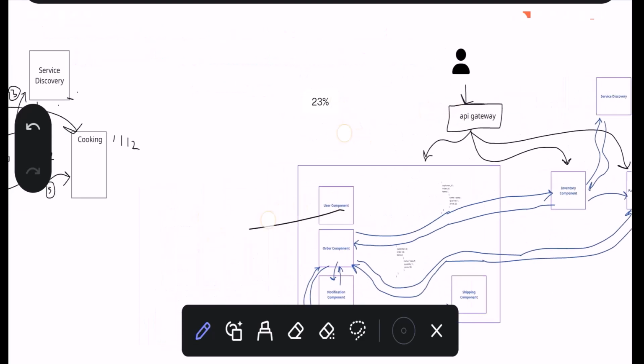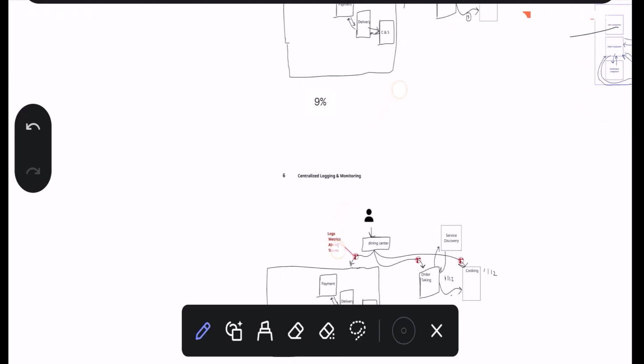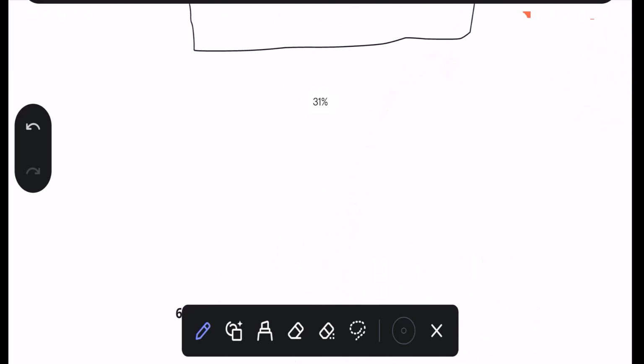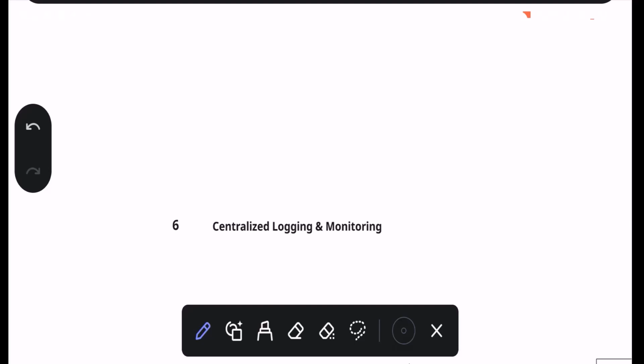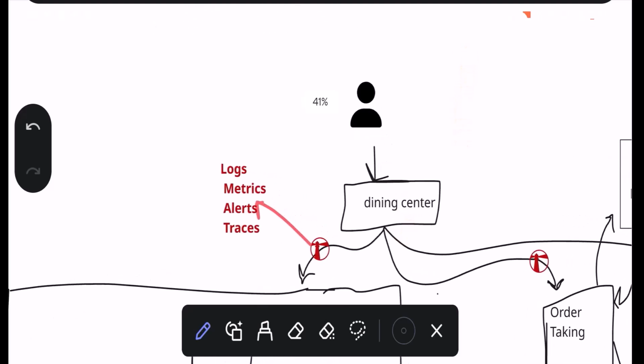Now after the fifth step we come towards the sixth step, that is known as centralized logging and monitoring. See, for efficient debugging we need some tools. As I said in my components section of the video, we have circuit breakers.